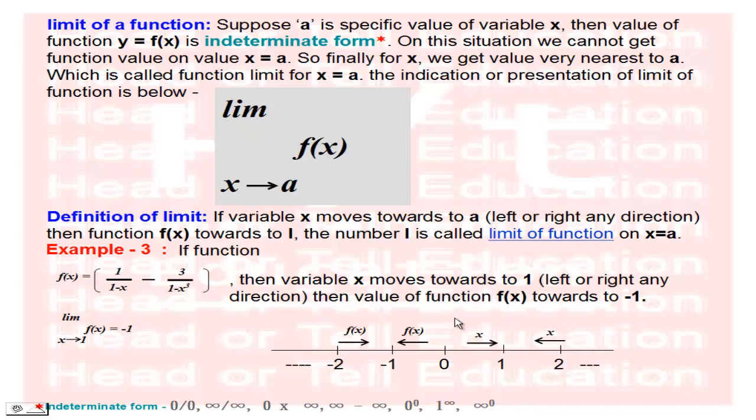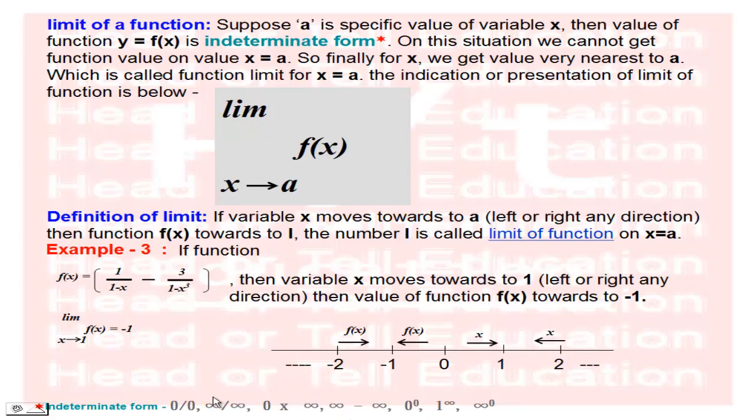If we put directly 1, first we check 1 upon 1 minus 1, which is 0. So 1 upon 0 is infinity. Again minus 3 upon 1 minus 1 cube, which is also 0. So 3 by 0 equals infinity. So we have the form infinity minus infinity, and we have no fixed value of this function.